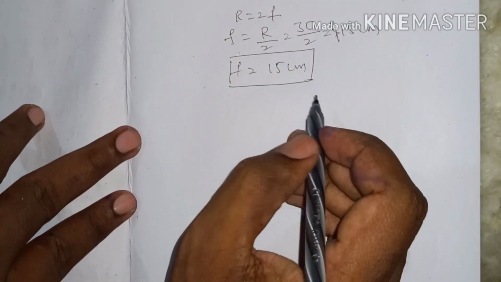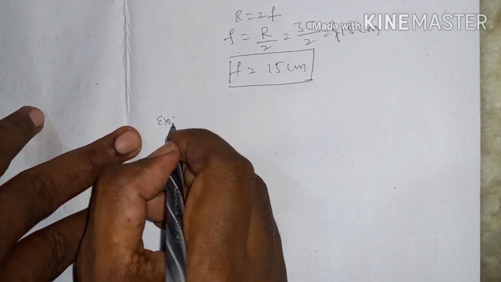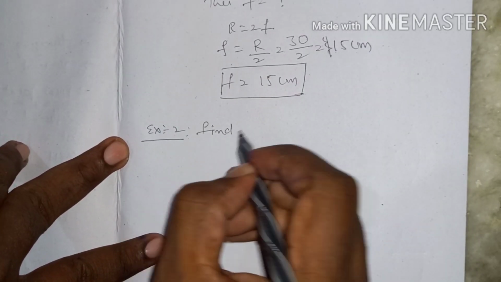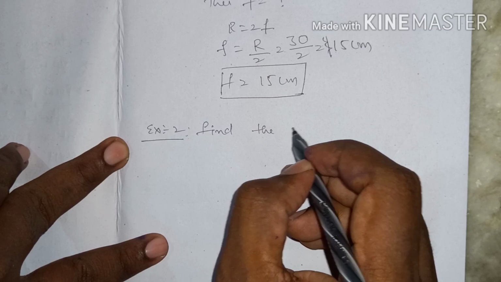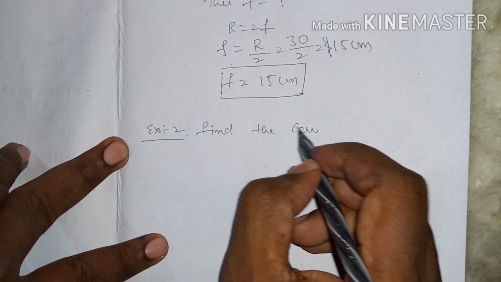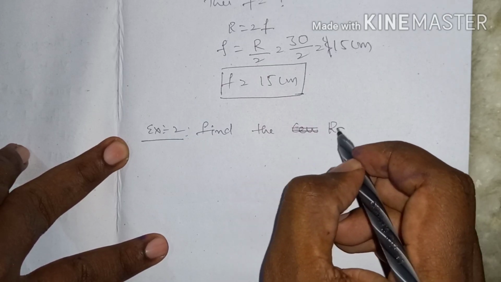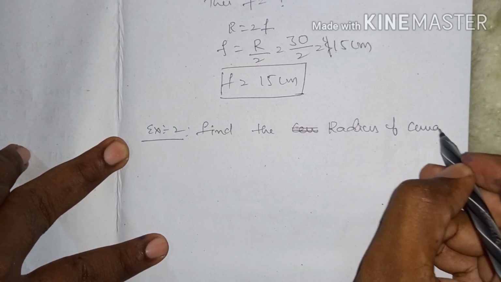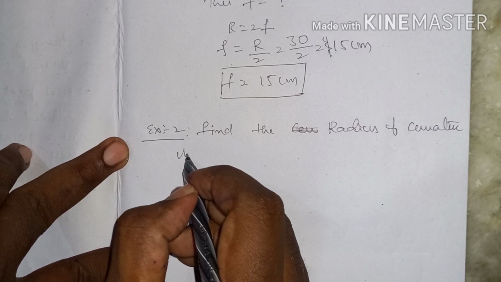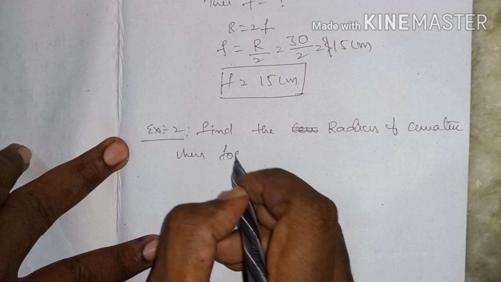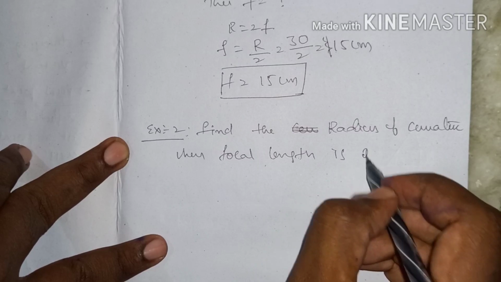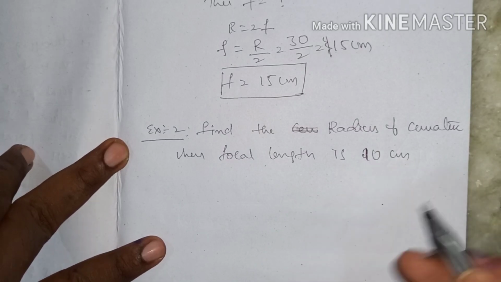Let me show you another example. Example 2. Find the radius of curvature when the focal length is 10 centimeters.